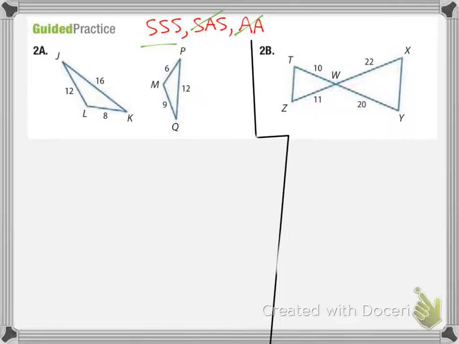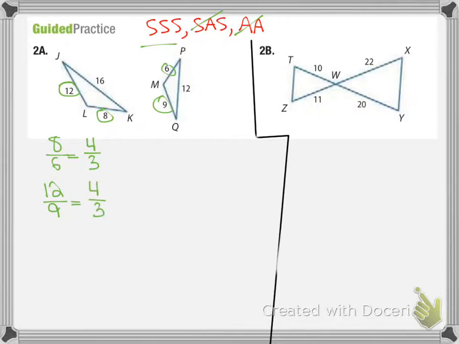So if I look at those, we're going to pair up small with small. So 8 is the smallest here, 6 is the smallest here. So 8 over 6 simplifies to 4 over 3. So then I can go medium in each. So 12 is the next smallest, 9 is the next smallest here. So 12 over 9. If I simplify that, I can take a 3 out of each. That would also be 4 over 3.